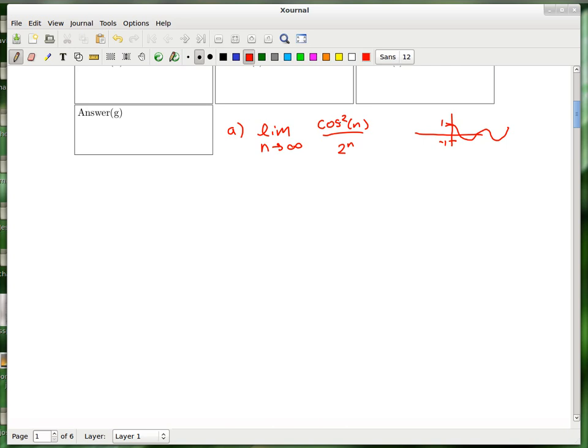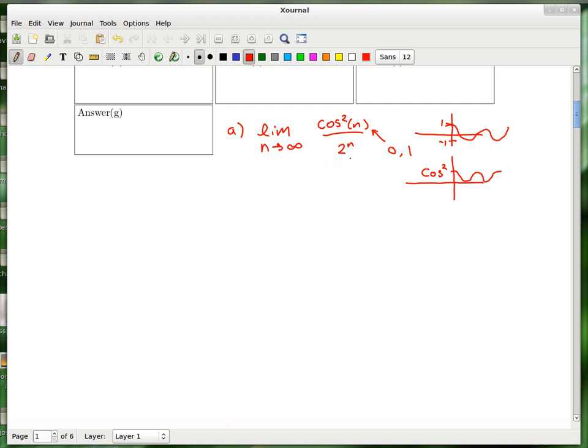But there's a square here, so that makes it bounce between 0 and 1. This is what cosine squared looks like. It's never negative because a negative square is always positive. So the numerator is bouncing between 0 and 1.